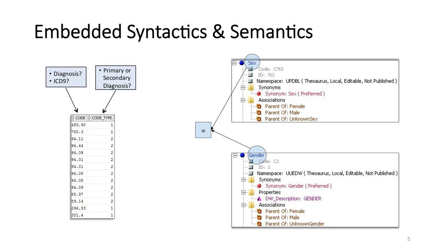Similarly, on the right, we have two examples of fields in two relational sources that we have at Utah. One is the Utah Population Database, and the other is our Enterprise Data Warehouse, which is the back end of our EHR.